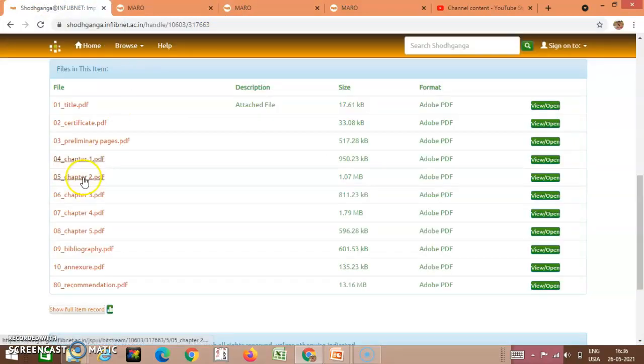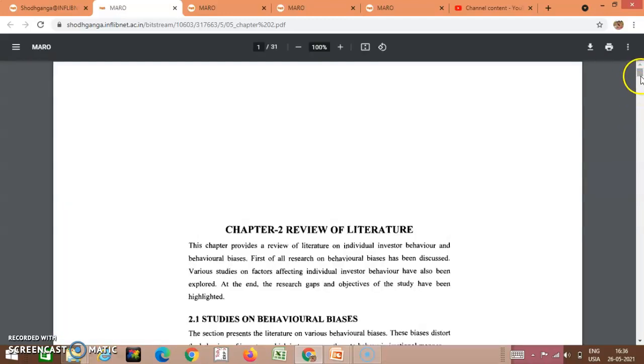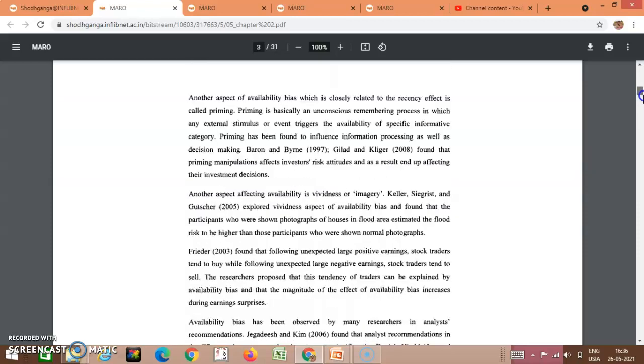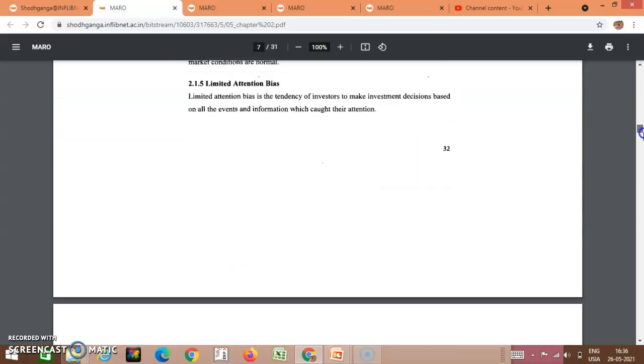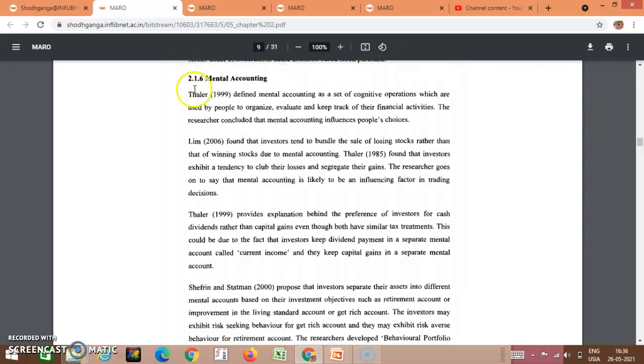Then we can see chapter 2, which is the review of literature. We have written all the review of literatures. You can see all the literature reviews. Here we can see Thaler 1999, which means this person is the author, and this article was published in the year 1999.